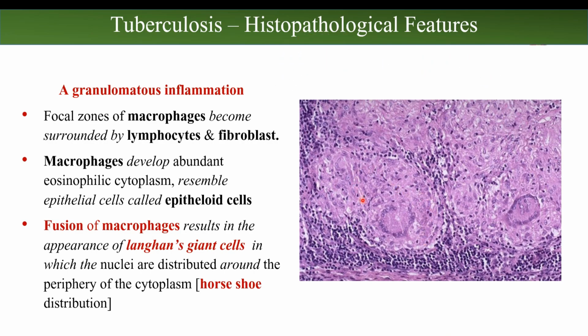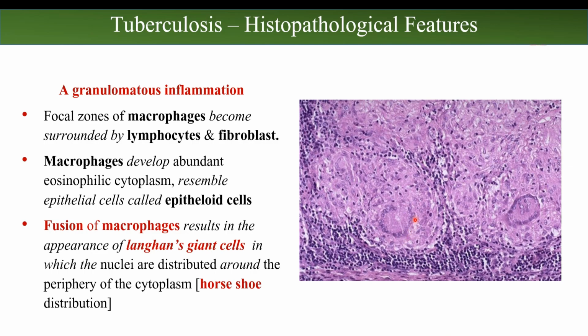So macrophages, after a period of time, become a little bit enlarged and are called epithelioid cells. And these epithelioid cells eventually fuse together to form the most characteristic feature, that is the multinucleated giant cells.